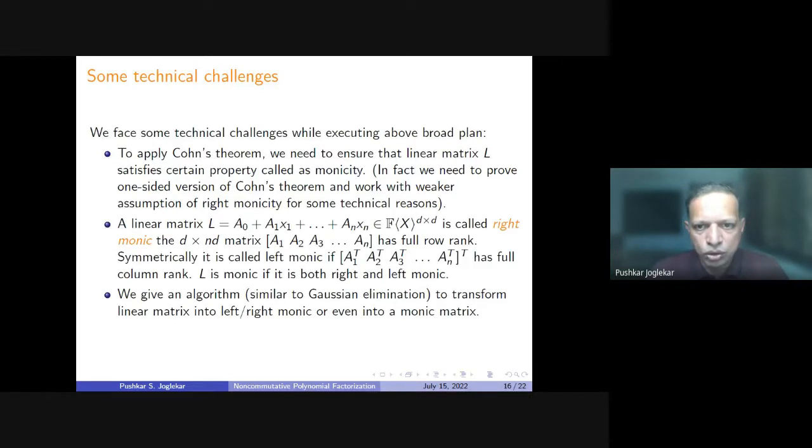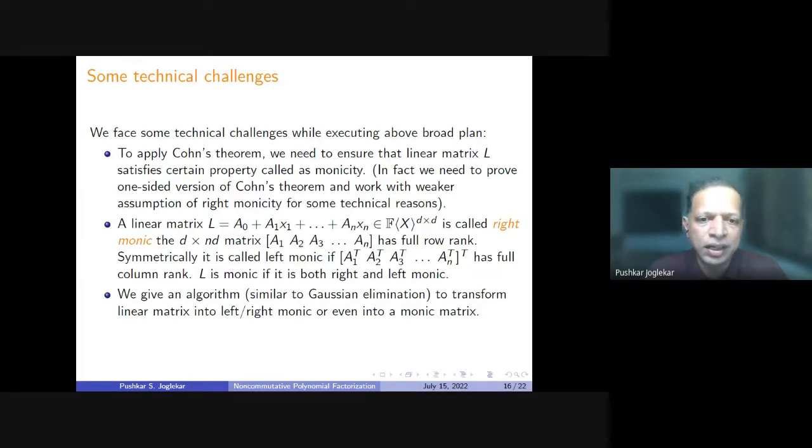By monicity, what we mean is, suppose L is a linear matrix A0 plus A1x1 and so on up to Anxn. It is called right monic if we stack up these matrices A1 to An in a row-wise fashion and the resulting matrix has full row rank.